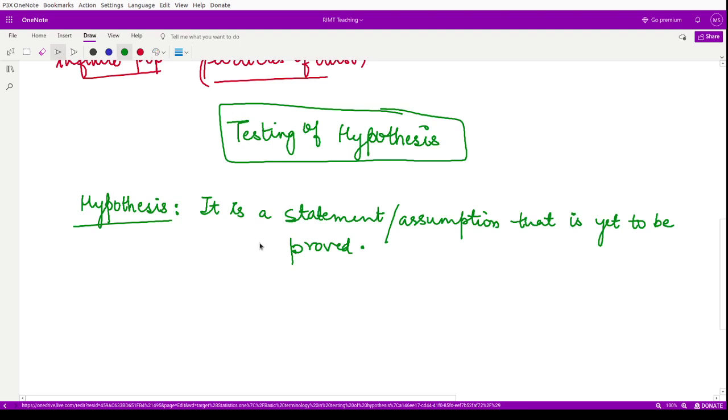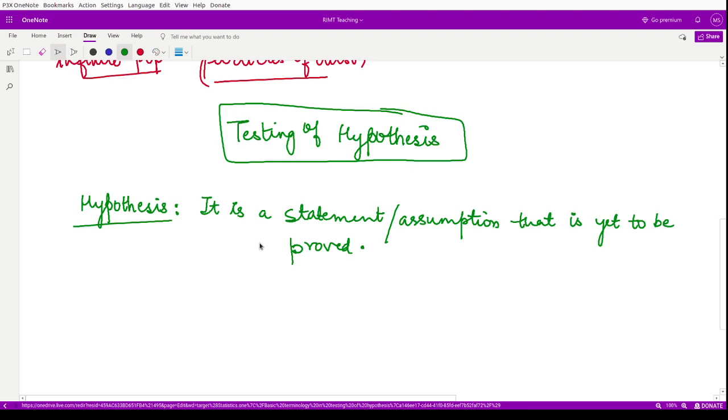For example, Newton once said that the apple is falling because of gravity, right? So that was a hypothesis at that time because he could not prove it. Later, various scientists and researchers from different fields worked on that and proved that what he was saying was correct. So when this was proved, this hypothesis became the result which we all study now. That is how these things work, right?